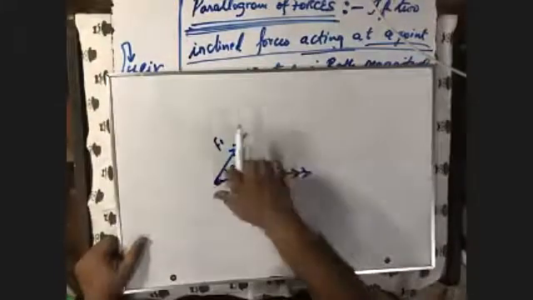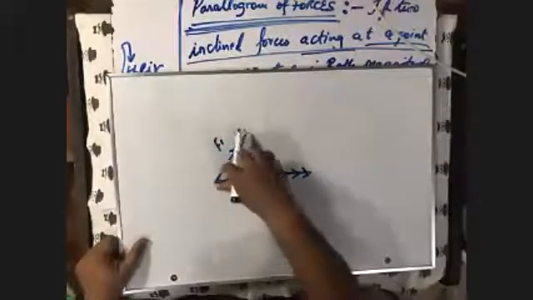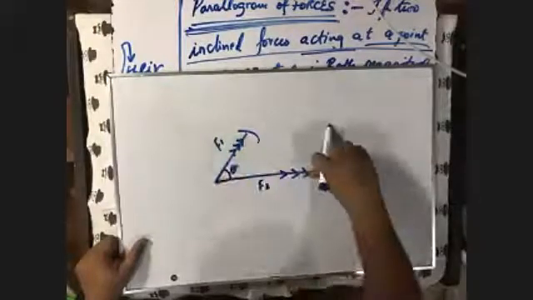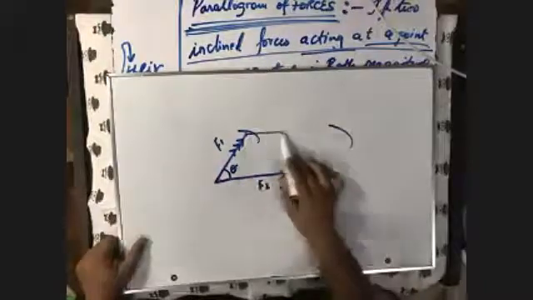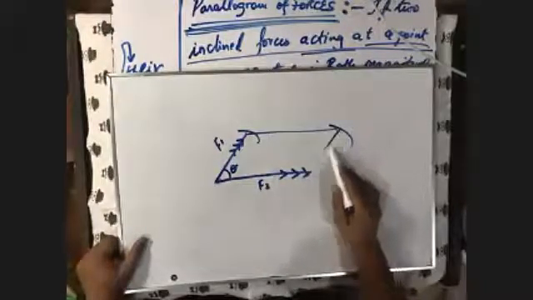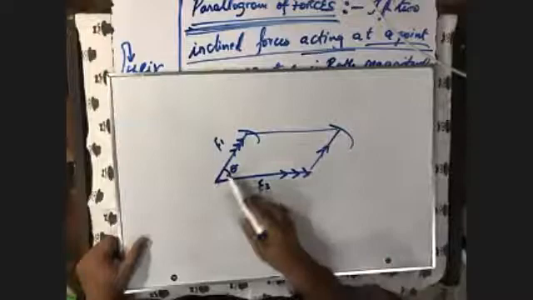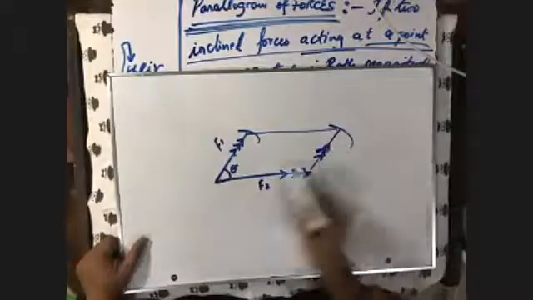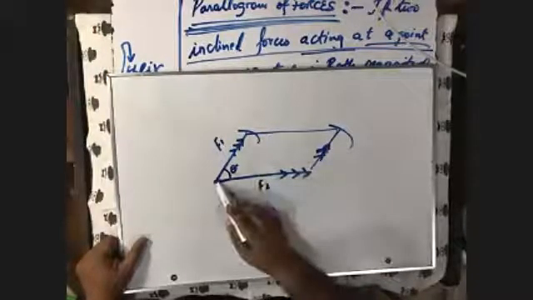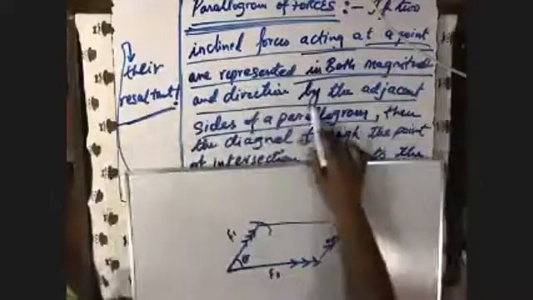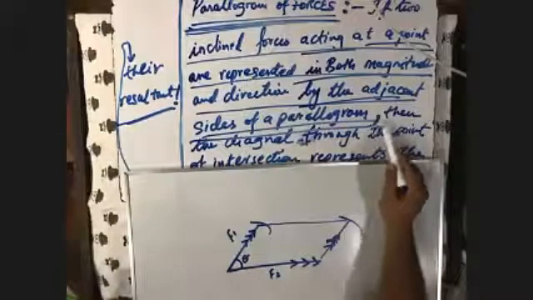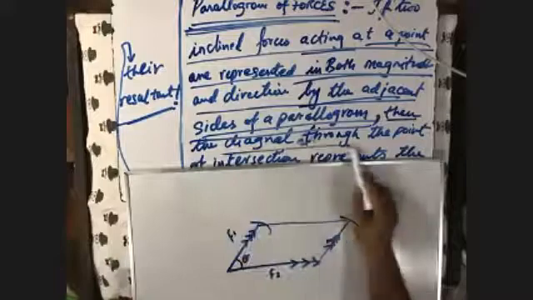So what they say is that you make this, take an arc, make a scale, make an arc and make it happen by the adjacent sides of a parallelogram, comma, then the diagonal.